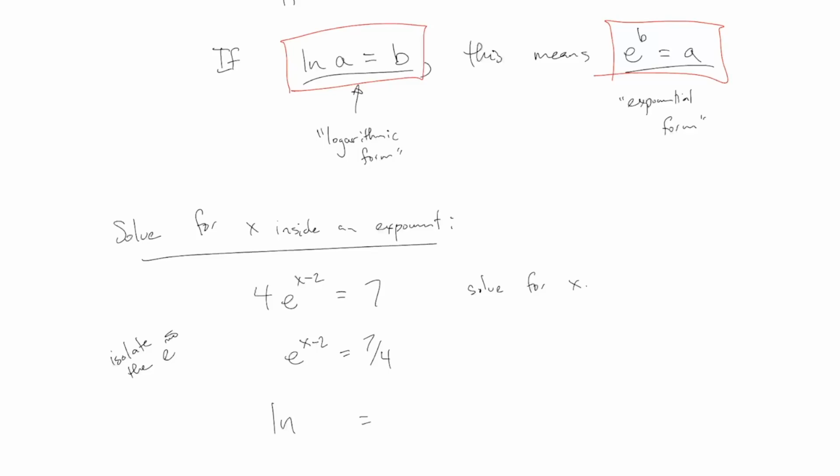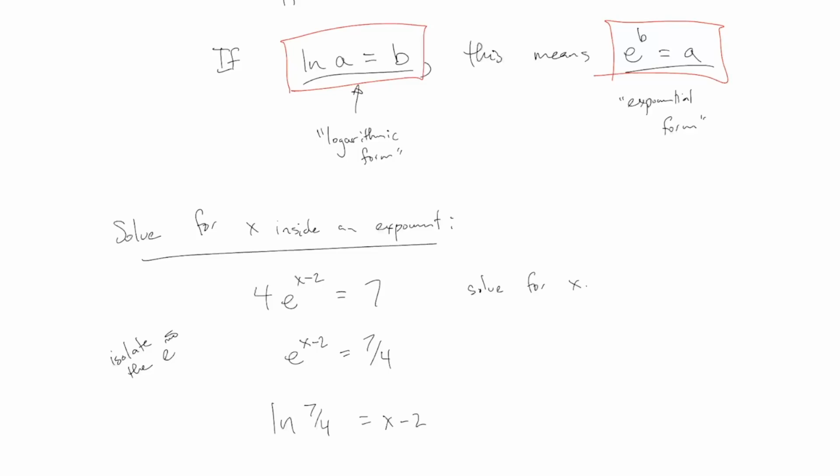So instead of 7/4 being on the right, I put the 7/4 inside of the natural log. And then instead of x minus 2 inside the exponent, it goes over here. You just kind of switch everything around. What used to be on the inside becomes the outside, and what used to be on the outside becomes the inside. But anyway, now we can indeed solve for x.